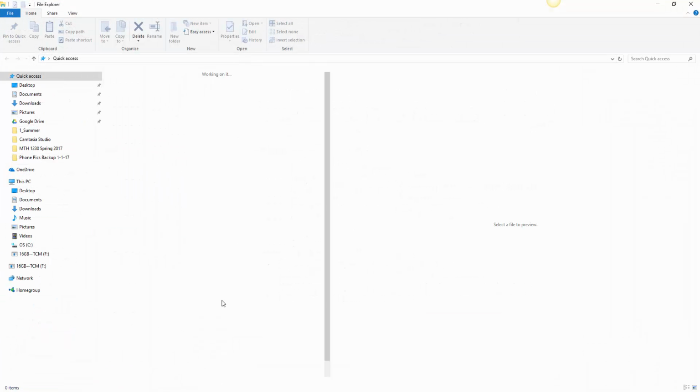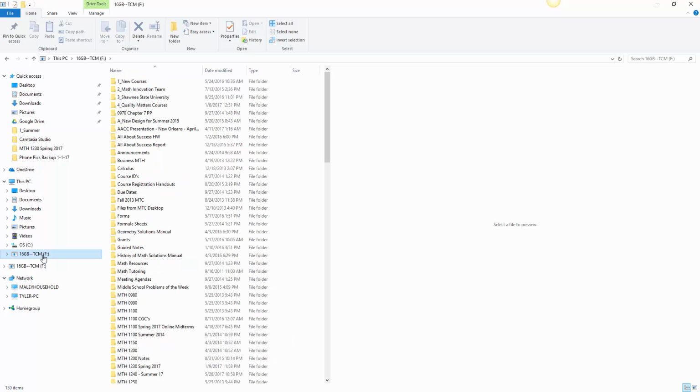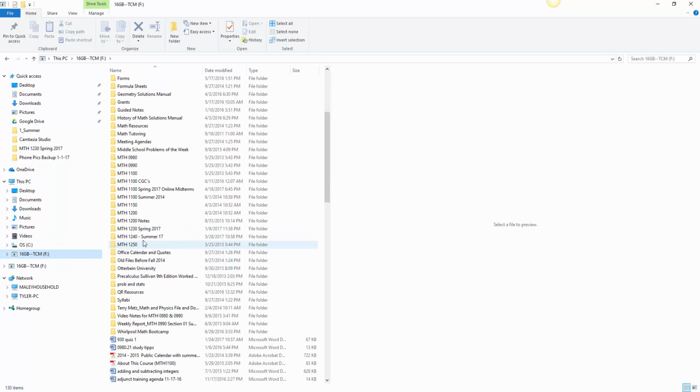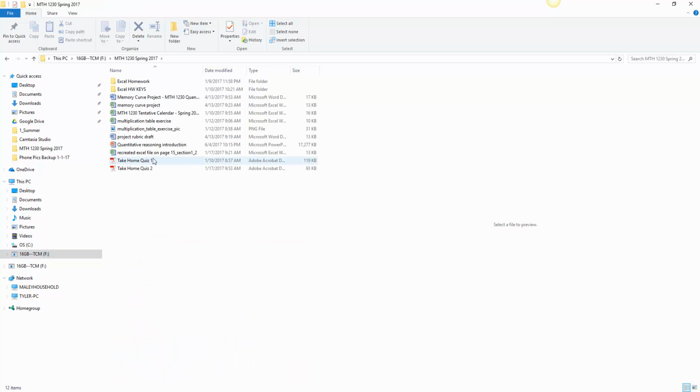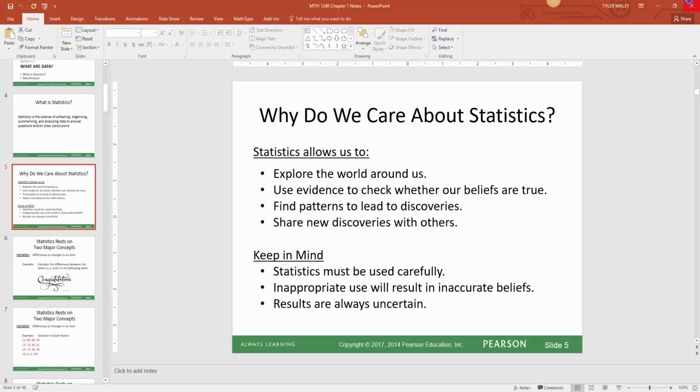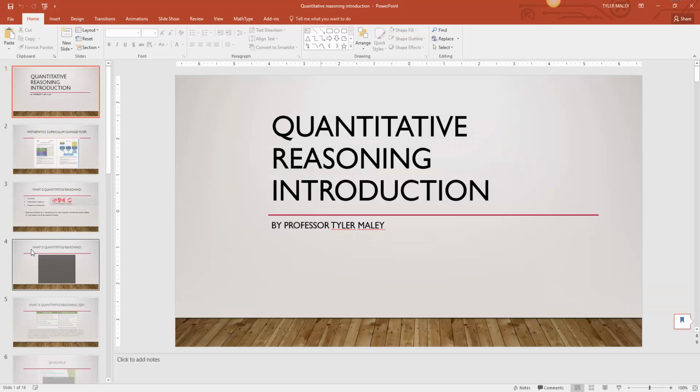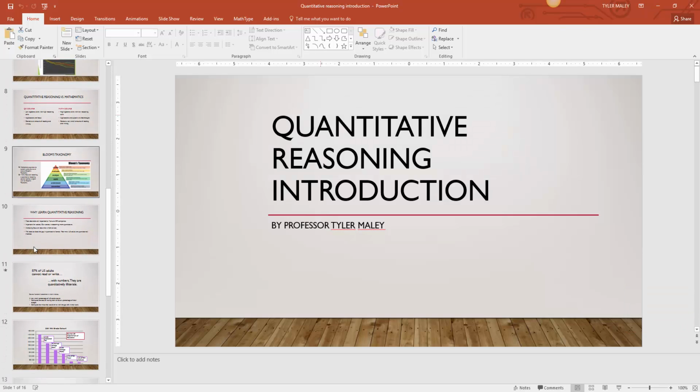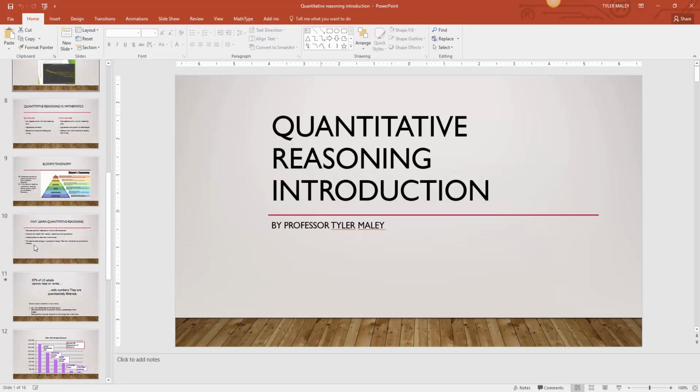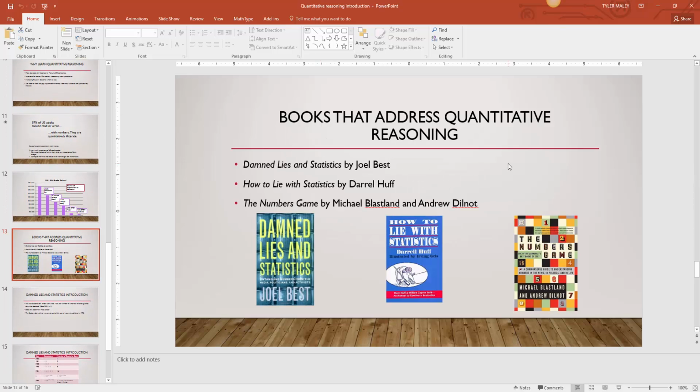In fact, I can pull this up really quick if you're ever interested to read about this. So I think it's in here. Let's see, it should be here. So these are some books that address quantitative reasoning and also statistics.